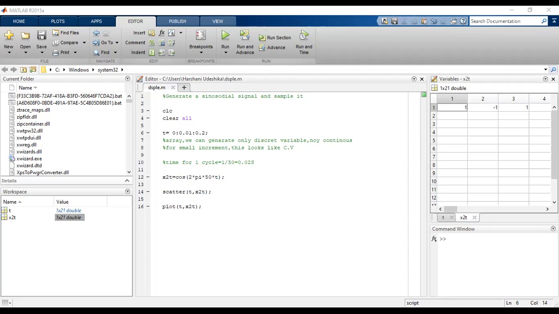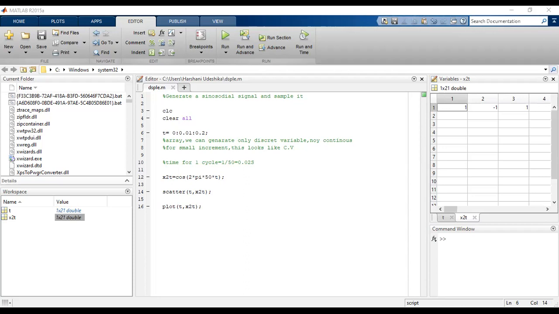So these values are calculated, and it just joins the line like this. Okay, so you will get somewhat like a sawtooth signal, okay, a triangle signal.